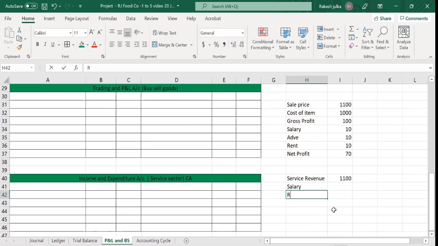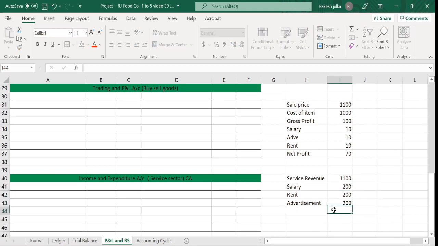Let's say the salary, rent of the building, then advertisement, and so on. There may be a number of expenditures. Let's say the salary is $200, rent is $200 and advertisement is $200. Here the net profit will be 1100 minus 600, so net profit will be $500, right? So this is the difference between these two.